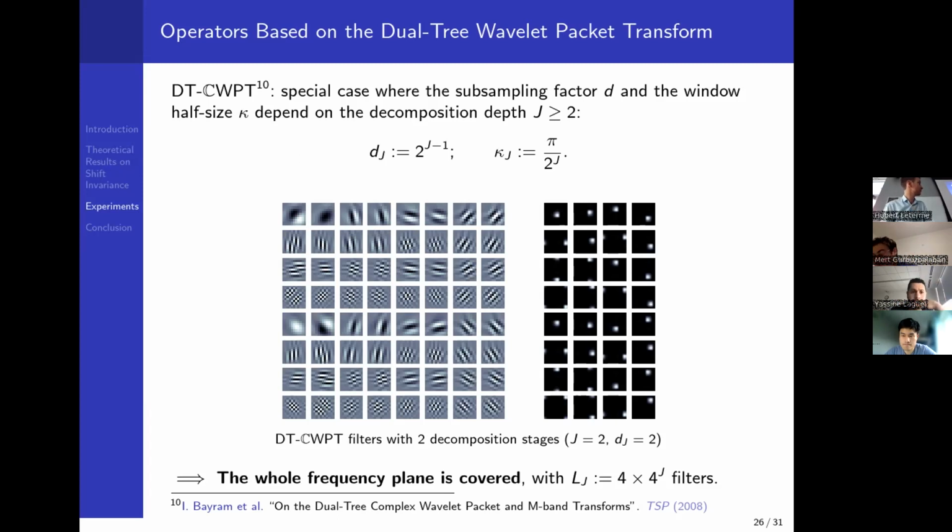So we have 32 complex filters. That's why here each filter is represented by its real part and its imaginary part. And here is the power spectrum, the Fourier domain. So this provides a convenient framework to evaluate our theoretical results.